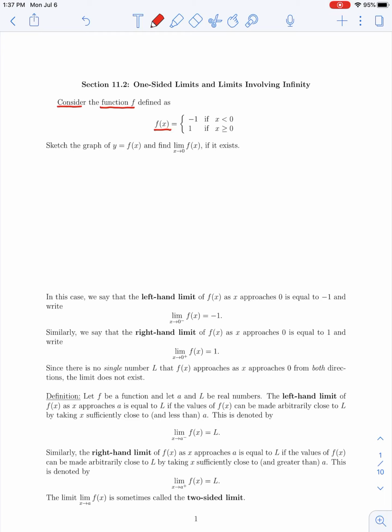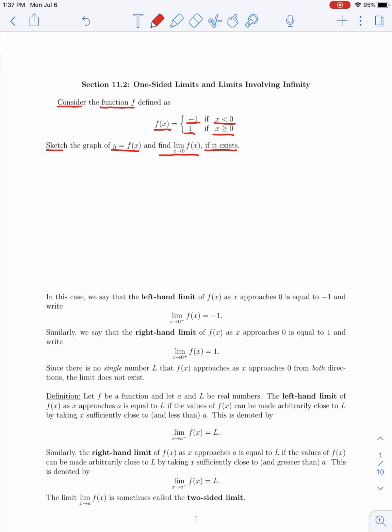So f of x is equal to -1 if x is negative, and +1 if x is greater than or equal to 0. So for this function, we are asked to sketch the graph of y equals f of x and find the limit of that function as x approaches 0 if it exists.